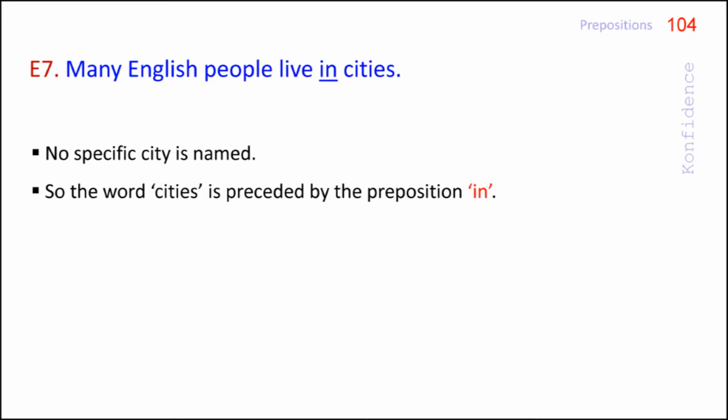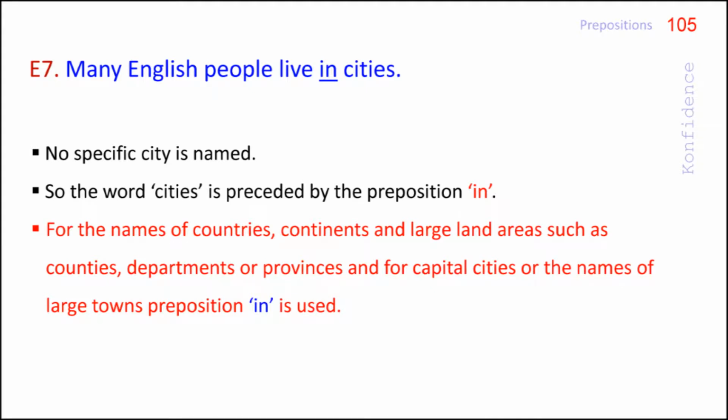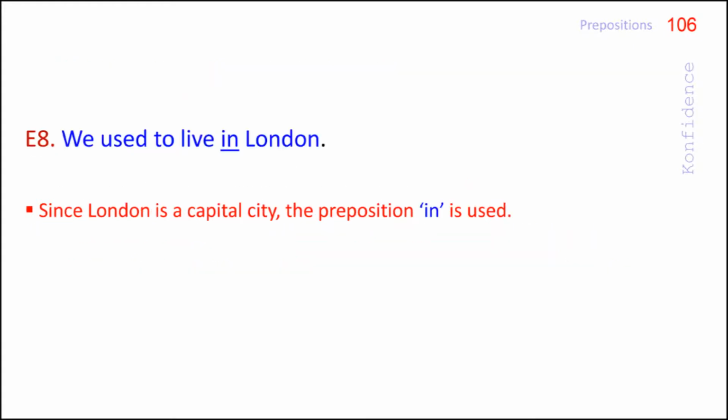Therefore, the word cities is preceded by the preposition in. For the names of countries, continents, and large land areas such as counties, departments, or provinces, and for capital cities or the names of large towns, preposition in is used. Since London is a capital city, the preposition in is used.